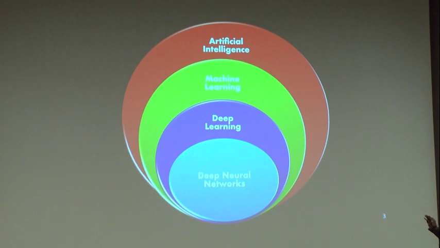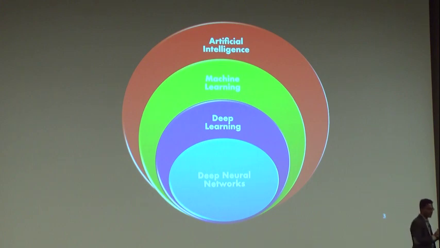As I said, artificial intelligence is a very broad idea, a set of concepts with which we want to design intelligent systems to solve problems without explicitly telling how to solve the problem. Machine learning is a promising approach. It's a set of ideas, algorithms, methods, and concepts to build such systems.